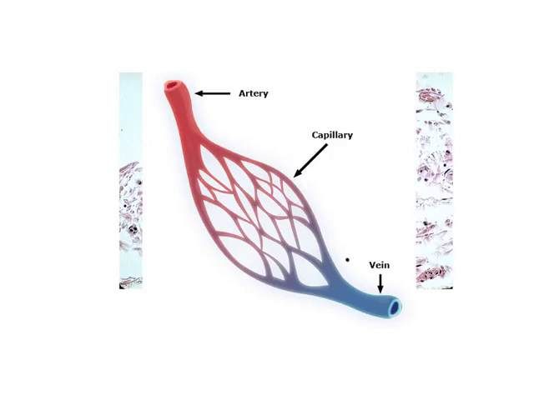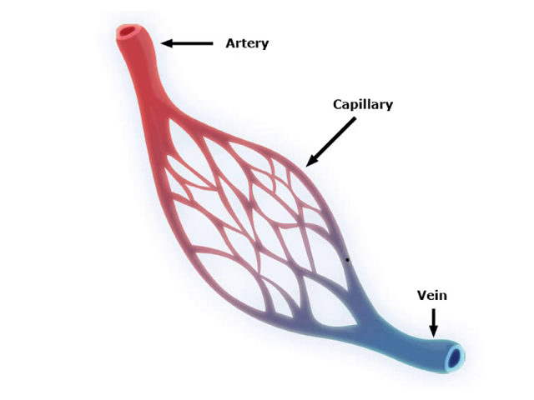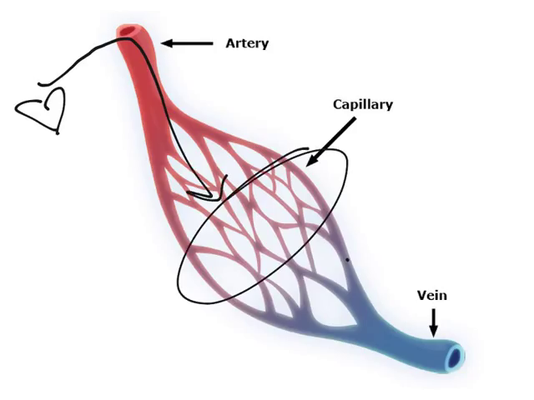So the next thing we're going to look at is the capillary. A capillary is where the oxygen is exchanged at the tissues. So we've got blood coming from the heart through an artery to the capillary. Right here in that purplish area is where the O2 is going to be exchanged for CO2 in the tissues.